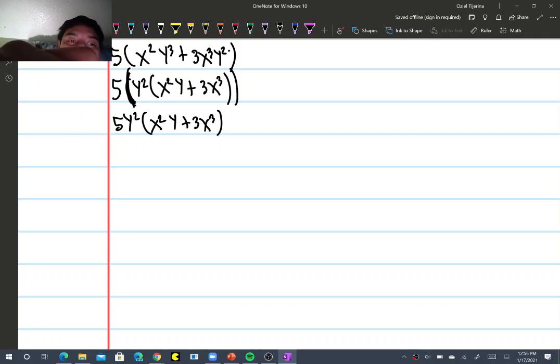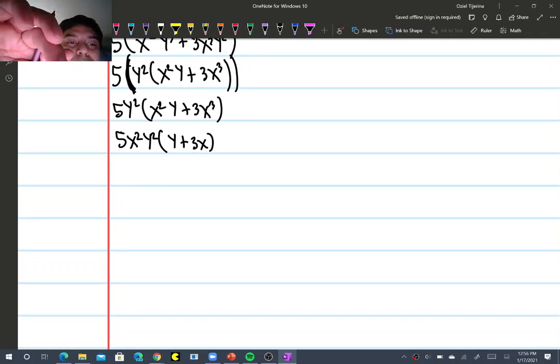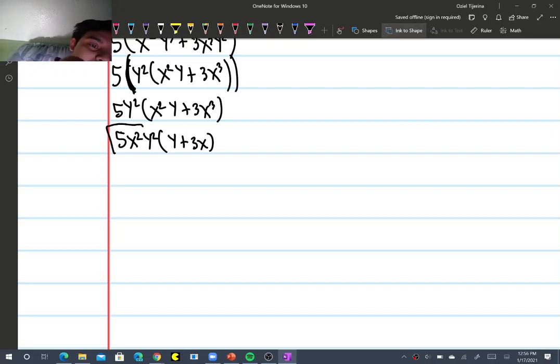We can't do x cubed, because how would we get that out of x squared? It's bigger. So we would take out the x squared, and we would say 5x squared y squared times y plus 3x. This would be your final answer for this one.